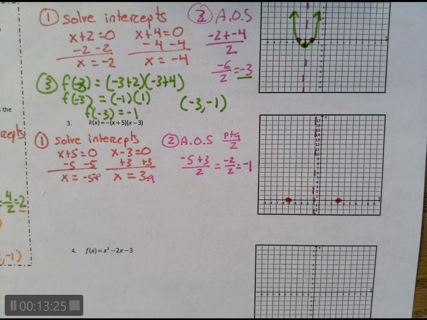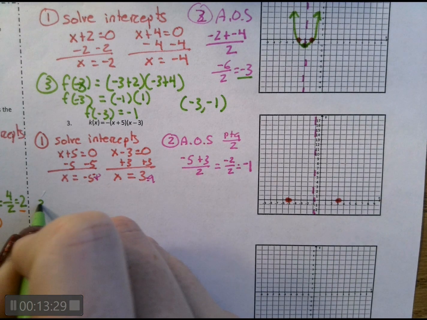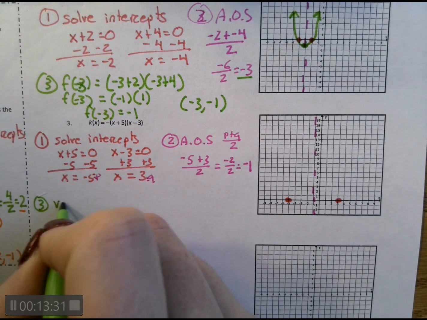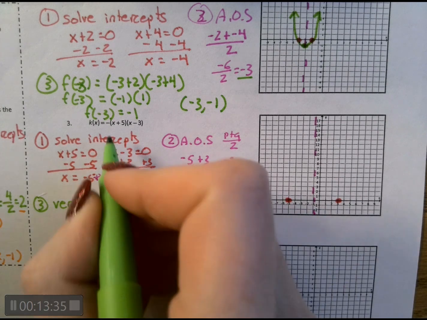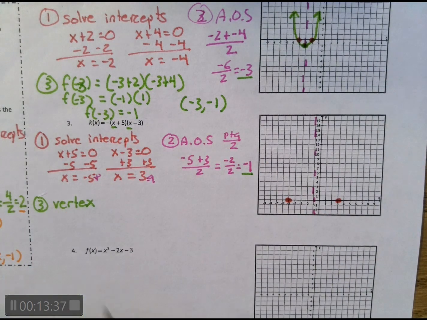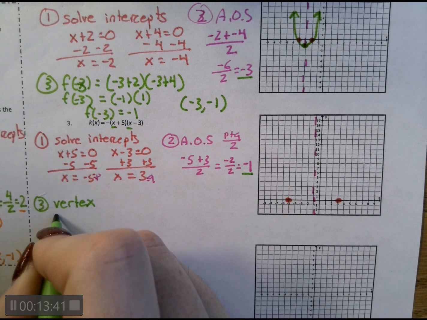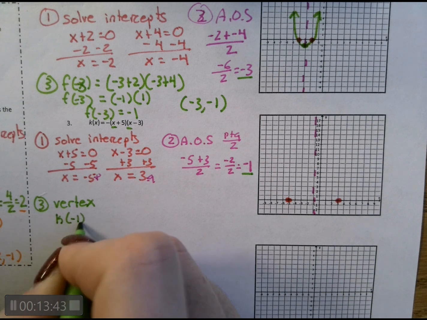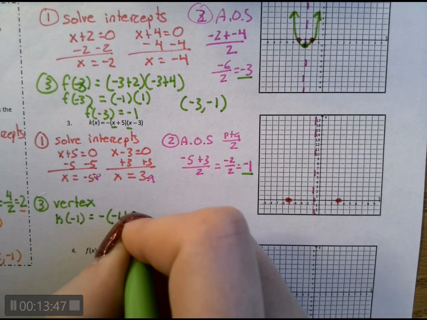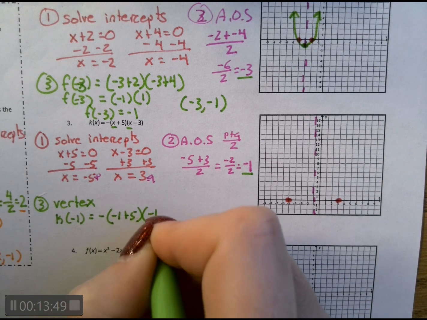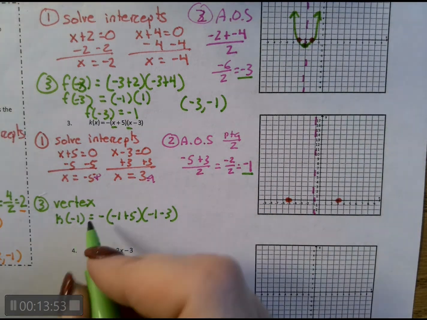Alrighty. Final step, solve our vertex. So then everywhere there's an x, I'm going to put that negative 1. So I have k of negative 1 equals negative 1 plus 5 times negative 1 minus 3. Okay?